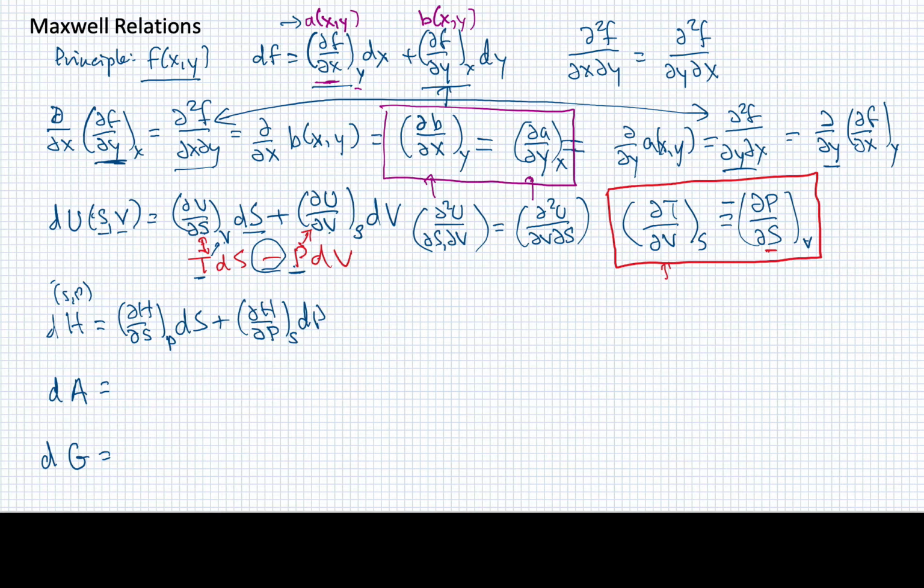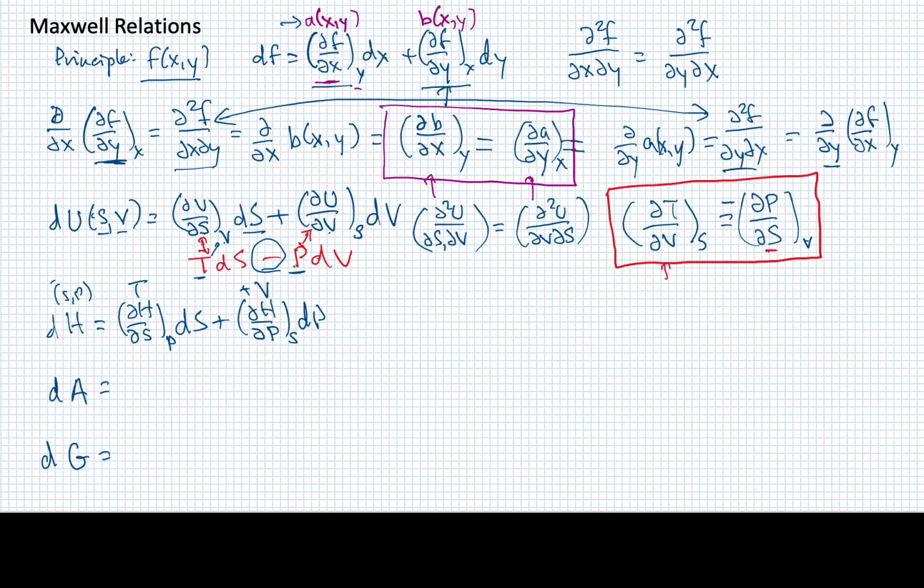But I also know that this quantity is T and this quantity is positive V. So now when I want to get the mixed derivatives, how do I construct those? Well, here's a little bit of a prescription for doing that.